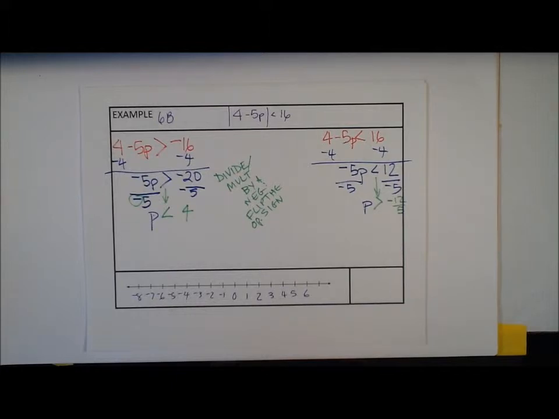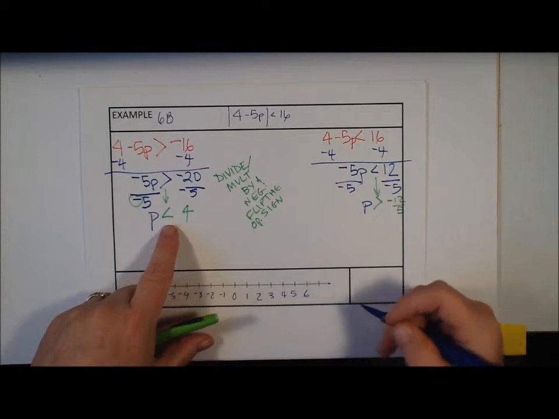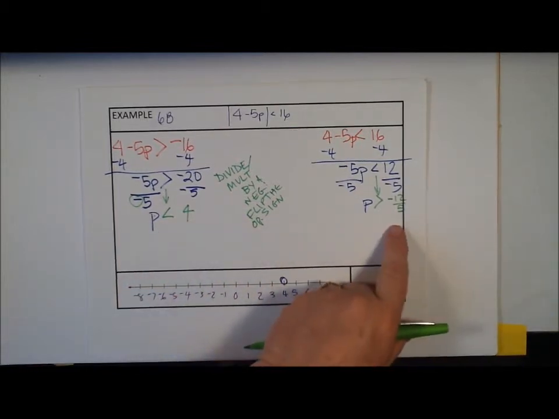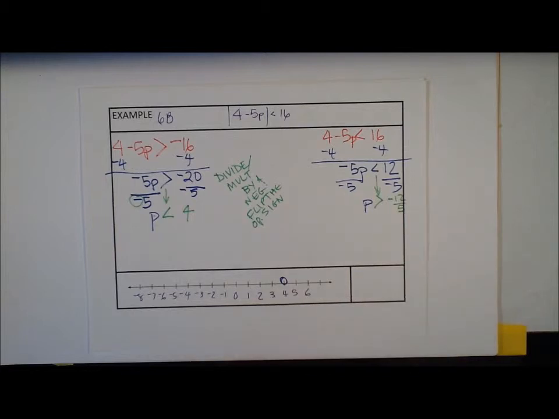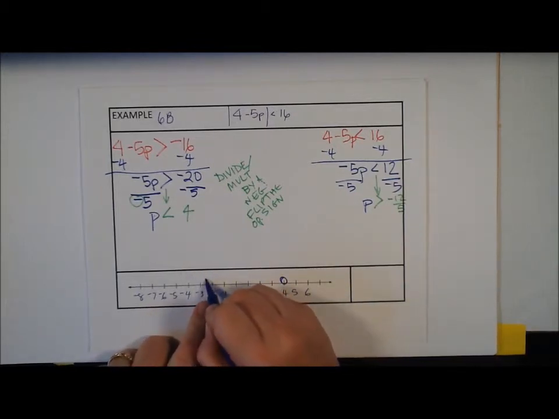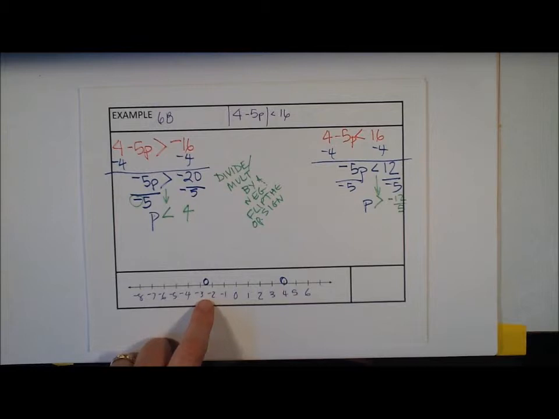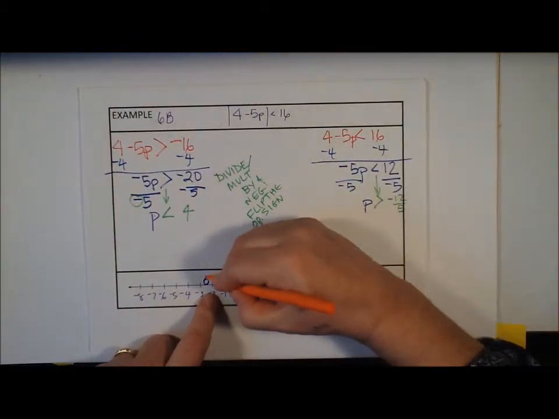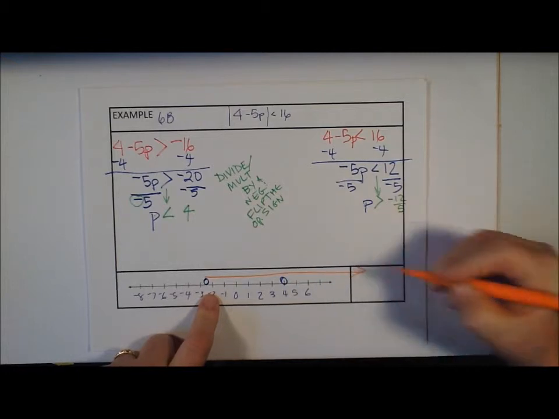So I'm going to graph that and see what happens. So p is less than 4. I'm going to find 4. And -12/5 is not quite 3, so 2 and some change. So I'm going to put it right there. So let's see. It is greater than that, right?